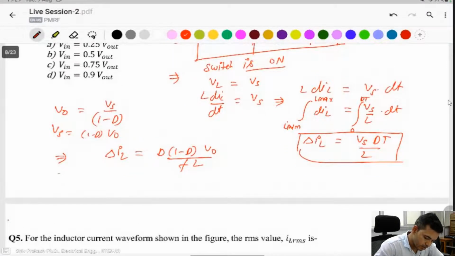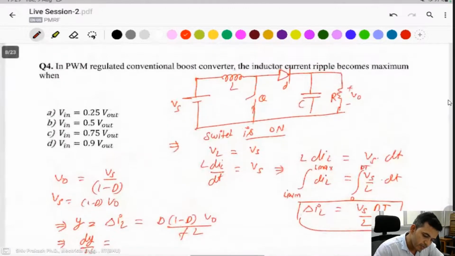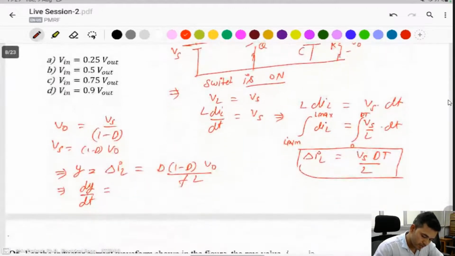Let the equation be equal to y. You differentiate this, dy by dd, for maximum.